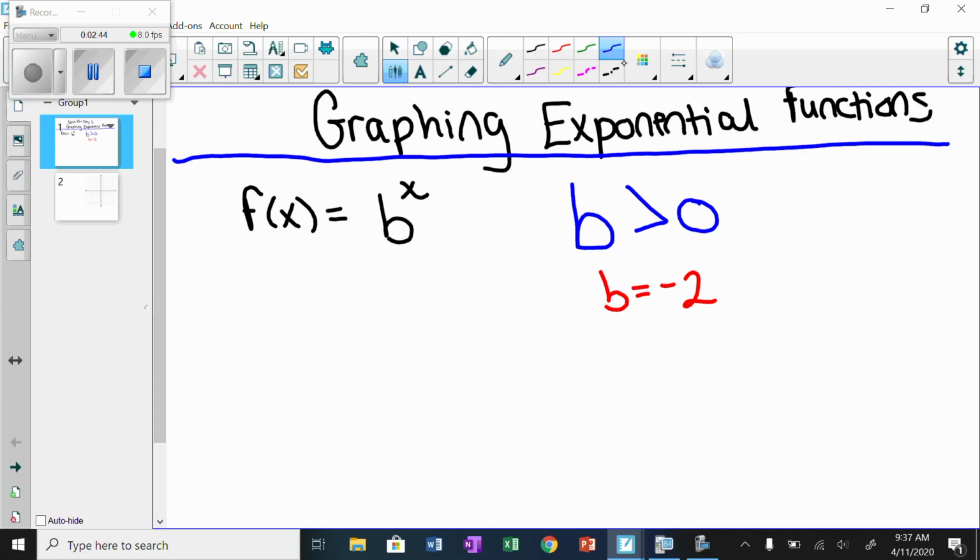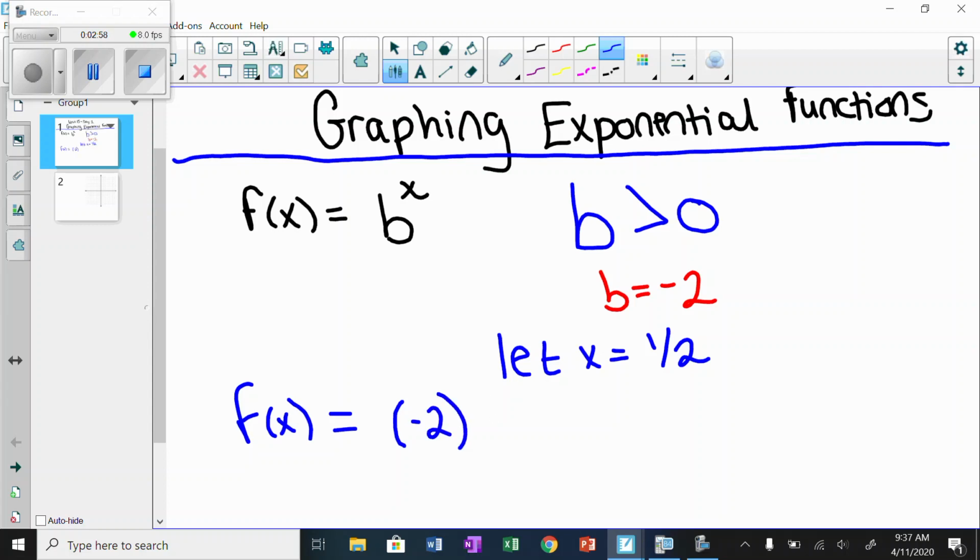For example, let's let x equal a half. So what would we have? We would have f of x is equal to -2 raised to the half power. Well, what's that? We know the half power is the same as saying the square root.